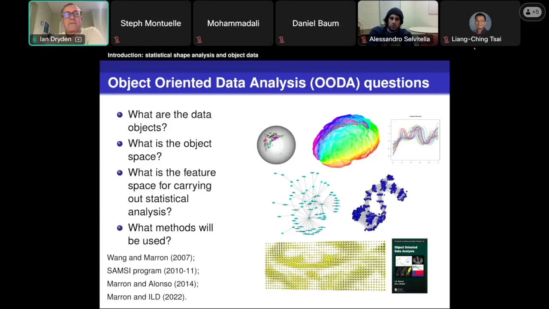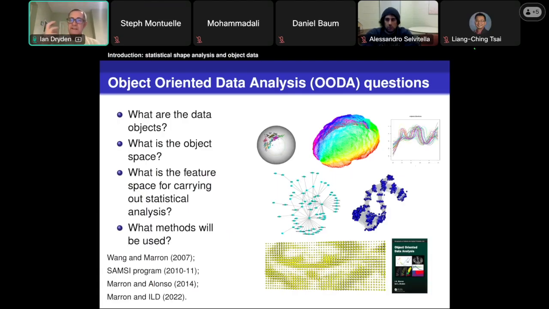Right, now that was shape, but object-oriented data analysis is where the same ideas are used in a whole host of different geometrical, usually, or object type data. So the first question one needs to ask is, what are the data objects?